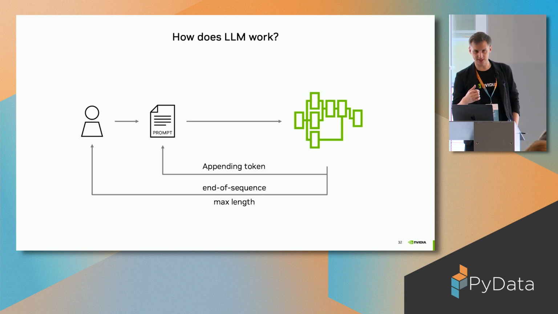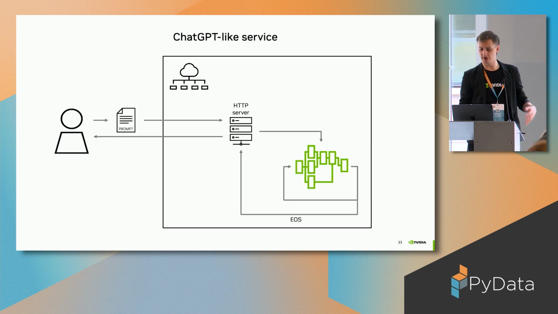So let's say that I would like to create a ChatGPT-like service. I have an LLM, my user writes a prompt. So what I need to do is to create an HTTP server. The HTTP server will get my prompt, feed the LLM, and this process will happen. But actually this is wrong.